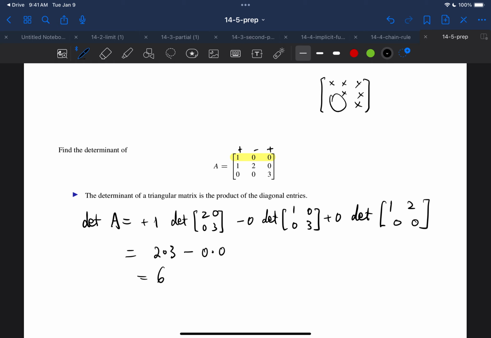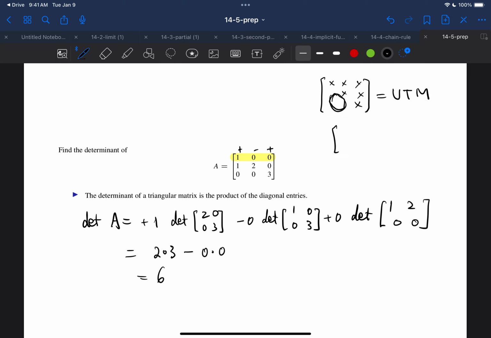If you have a 3 by 3 matrix with 0 values for every entry below the diagonal, and above the diagonal could be anything, then this is called an upper triangular matrix.